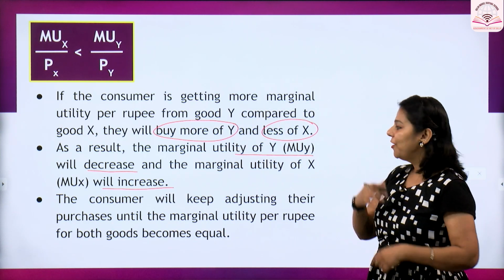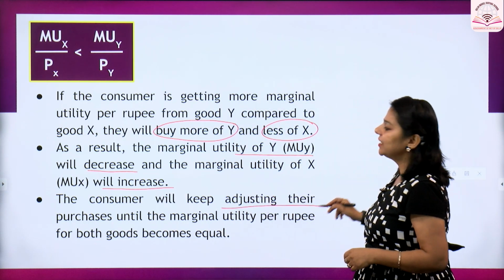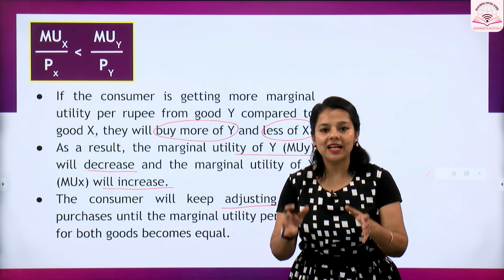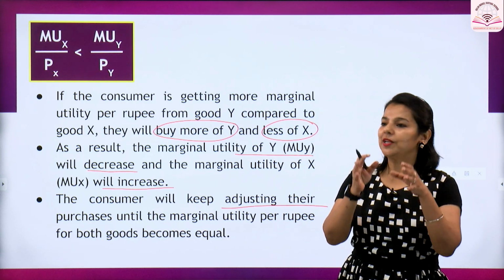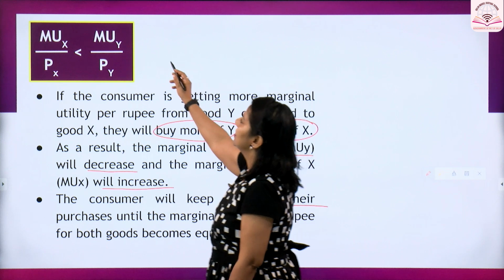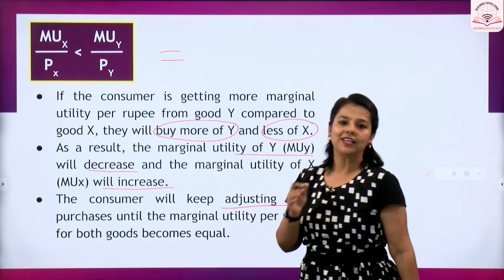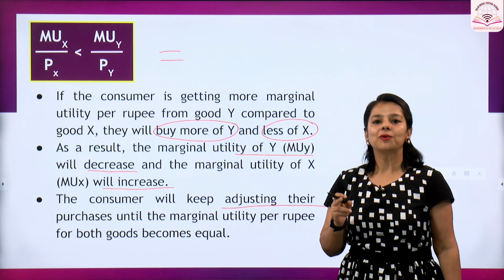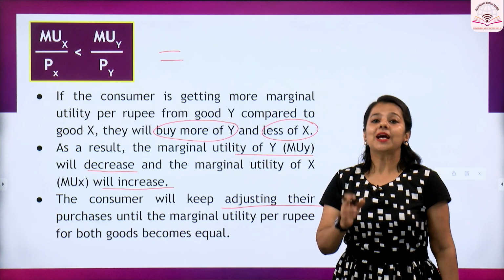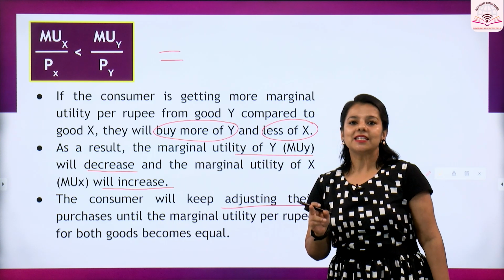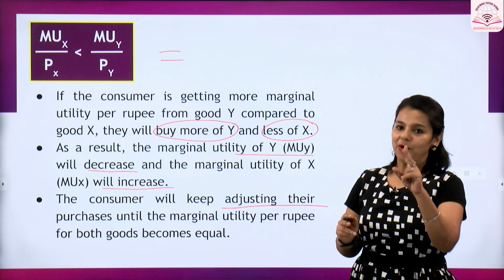So consumer will keep on adjusting his purchases until he gets the equilibrium point where these two are equal to each other. So that's all about consumer's equilibrium under cardinal utility analysis in case of two commodities.